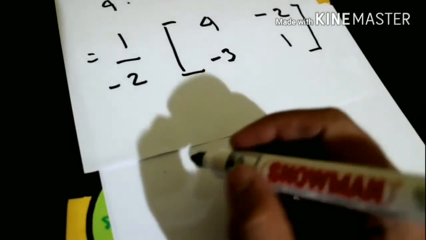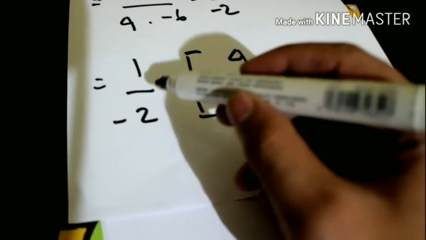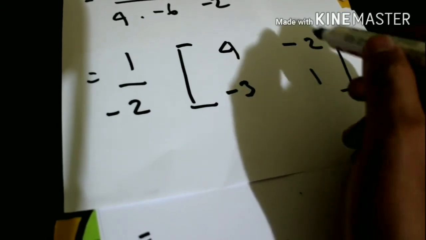After this, we just multiply this by each number in the box.